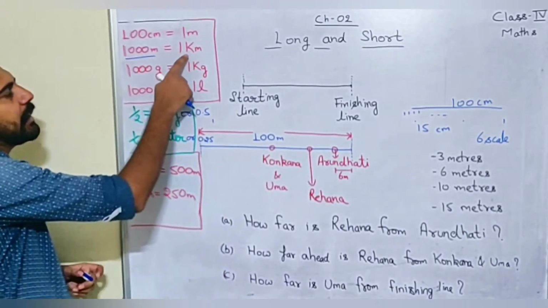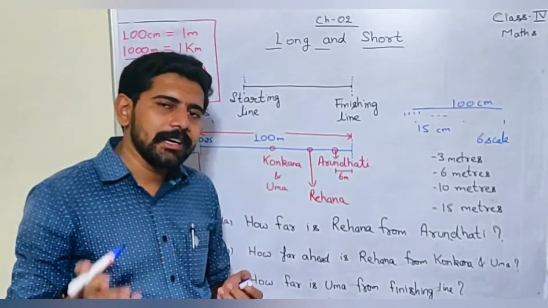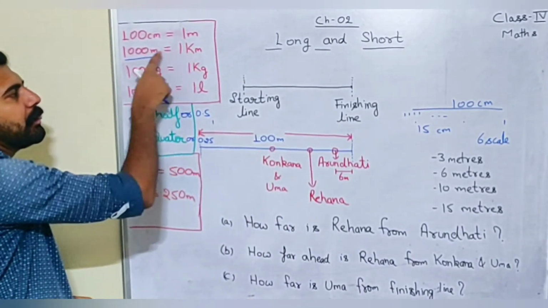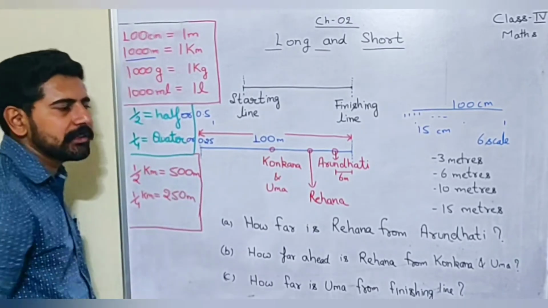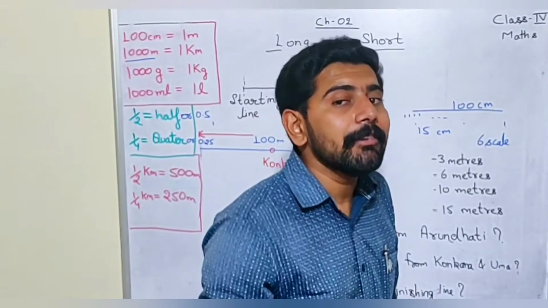Okay. Then if I ask you what is half kilometer, what will you say? You will say that since 1 kilometer is equal to 1000 meters, half kilometer will be half of 1000 meters, and half of 1000 meters will be just divide 1000 by 2.